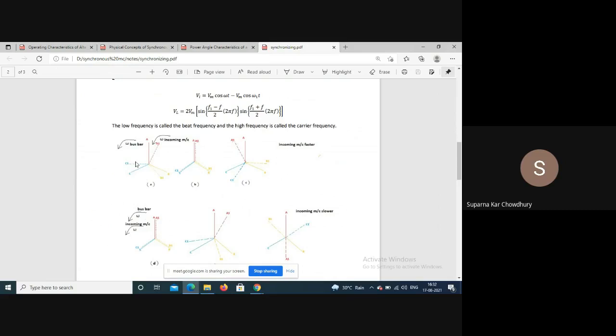So, for this particular instant, the incoming machine voltage is lagging the bus bar voltage by a certain angle. As the machine is faster, the anti-clockwise direction of rotation is considered positive, and both are considered rotating in the same direction. That is, I have considered that their phase sequences are the same. So, at the next instant, they will be superimposed.